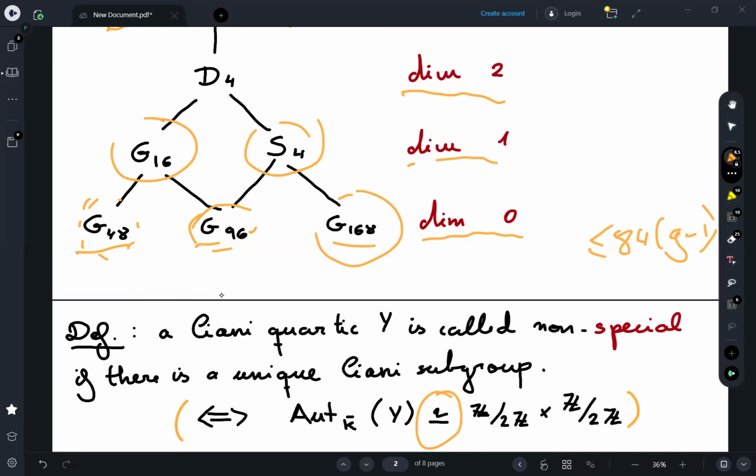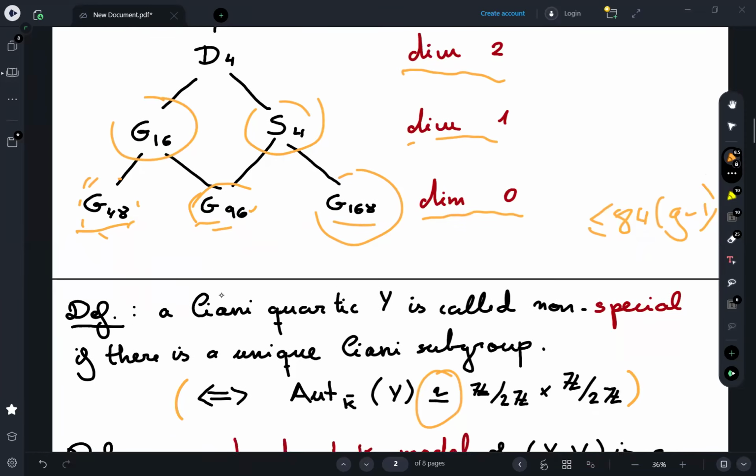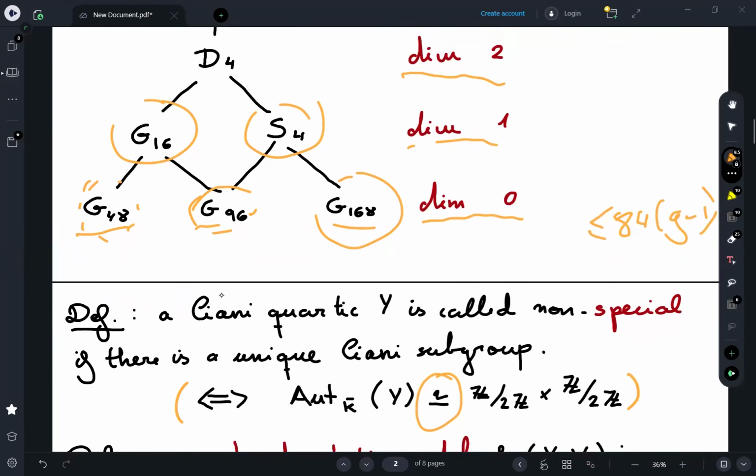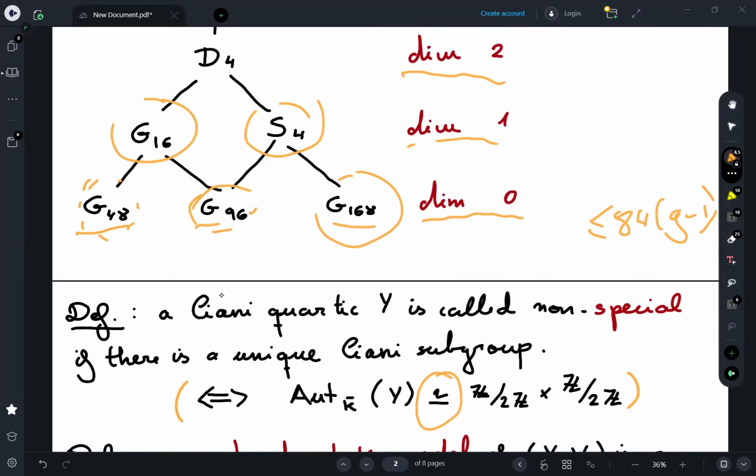So I'm giving this definition because you will see that for my results later, I restrict myself to the non-special Ciani quartics. It's not that what we do doesn't work in general, it does, but you will see the computations become much more complicated.